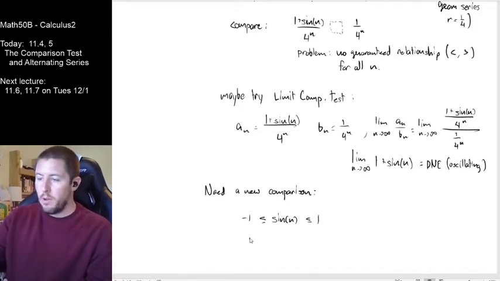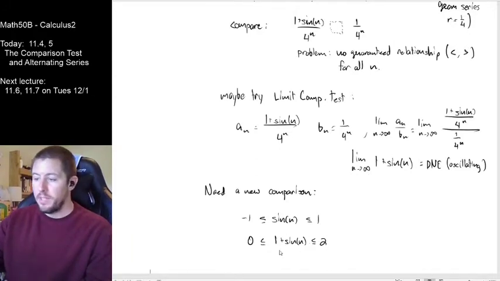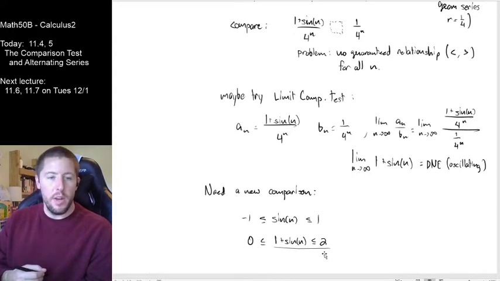If I add 1 to both sides, then I can see that 1 plus sine of n is always stuck between 0 and 2. I'm trying to come up with something that I know it's bounded by. It seems like maybe if I had just chosen our numerator to be 2, then I could have actually made this claim.